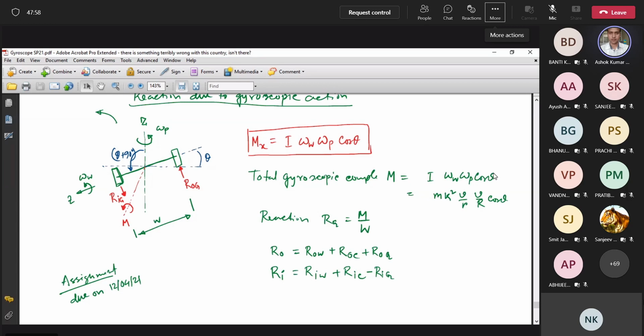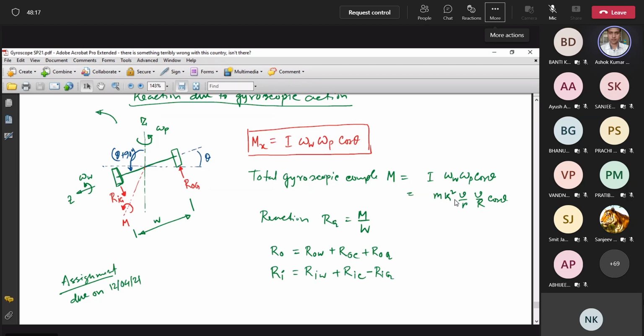You can write down this expression where, if you remember, the radius of gyration for this whole rotating thing is given, that is k, and the mass of the whole thing is given, that is m.